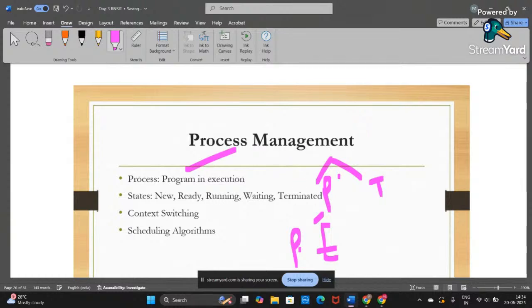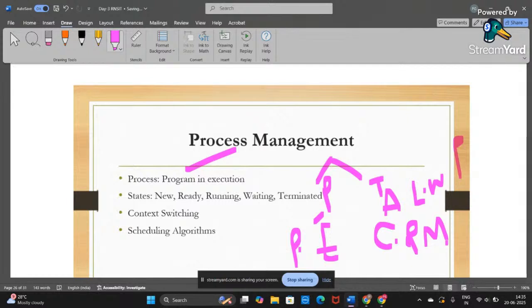Then, a thread means a lightweight process. A lightweight process is called a thread. Threads share code and memory with other threads.